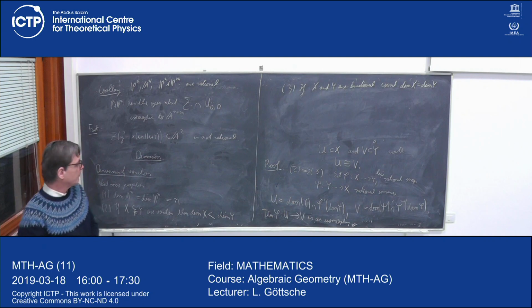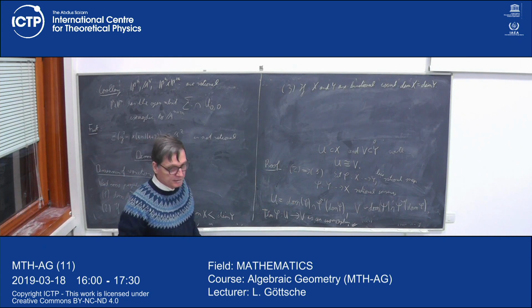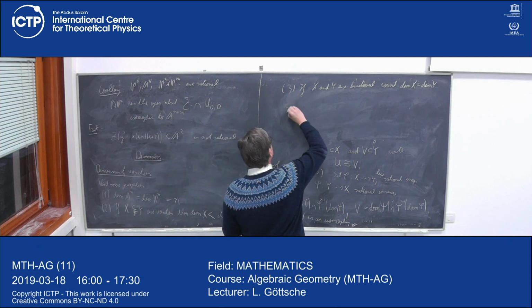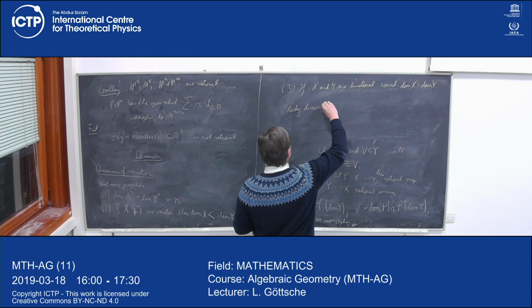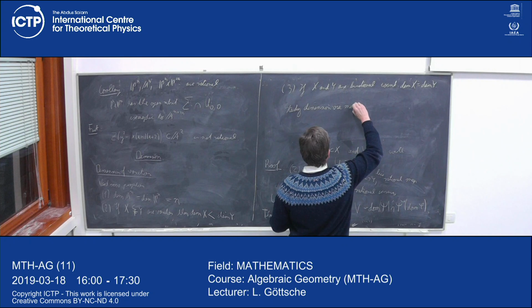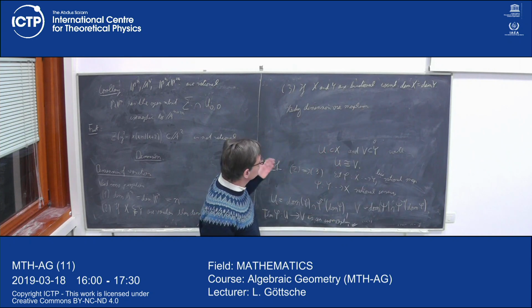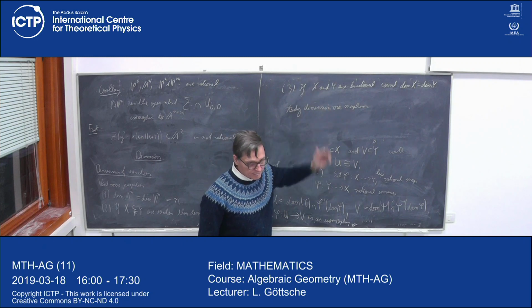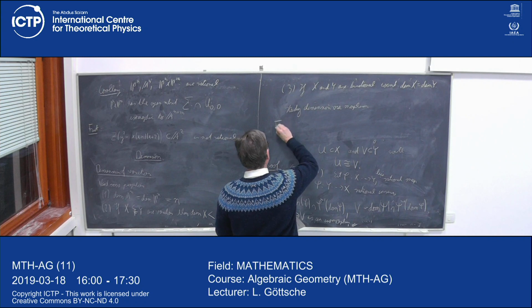Now, okay, so these are a few properties, and we will want to study the dimension via morphisms. So if we have a morphism from X to Y, we want to use this to compare the dimension of X with that of Y.